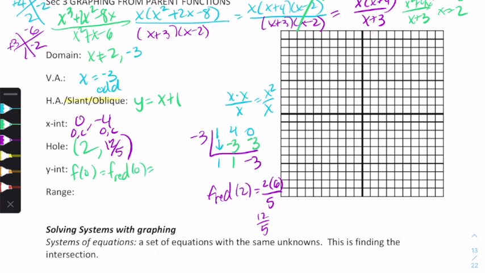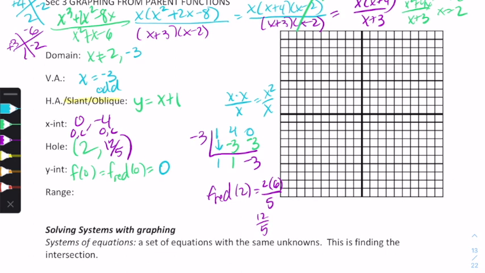So if I plug 0 here, I get 0 times something, so just 0, and then 0 plus 3 is 3, so 0 over 3 is 0. Or if you look here, we'll get 0 over -6, which is 0. Either way, we get that the y-intercept is 0, which I should be anticipating because we had an x-intercept of 0. Anytime you have an x-intercept of 0, you have a y-intercept of 0.